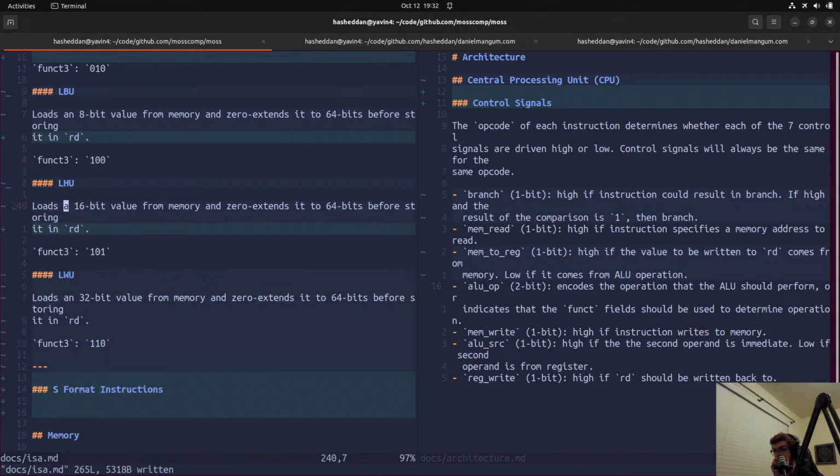if we're loading it from memory, it has to be sign extended. Let me look at the diagram here.